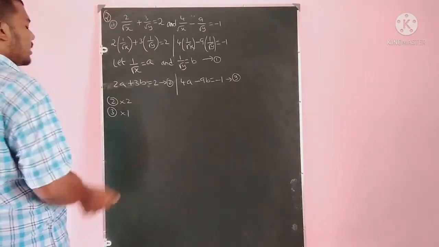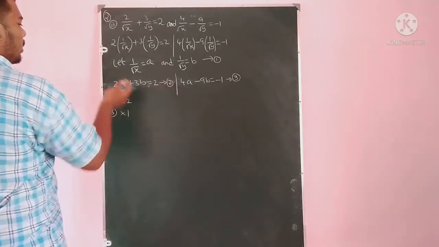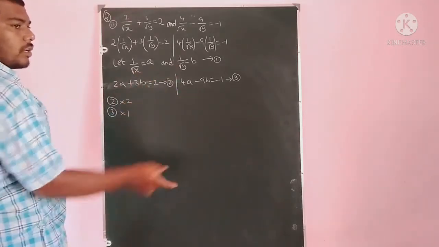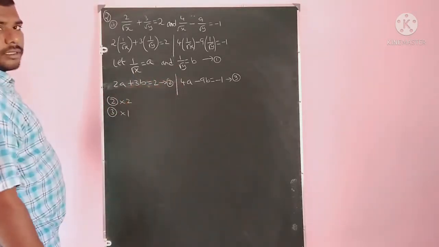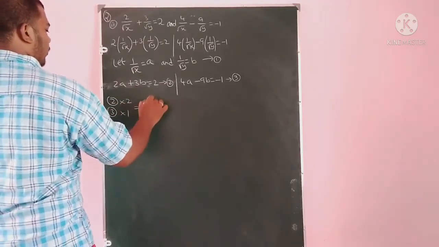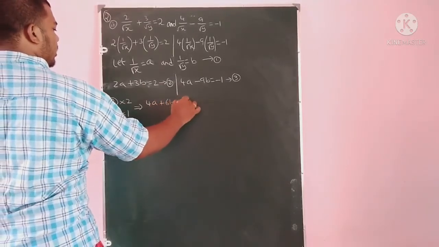As I already said, our aim is to make the coefficients equal. If you multiply this 2 with 2, then obviously the coefficients will become equal, so there is no need to multiply with each other's coefficients. This method also I already explained. So with 2 means 4a plus 6b is equal to 4.